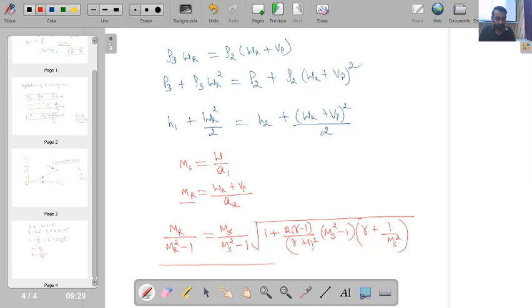So this is one important relation. If you know the Mach number of the incident shock wave, then you can predict the value of the Mach number of the reflected shock wave. It means you can know the properties of the reflected wave. Is this point clear?